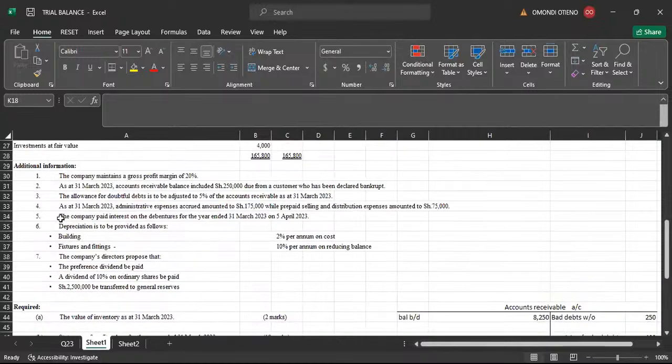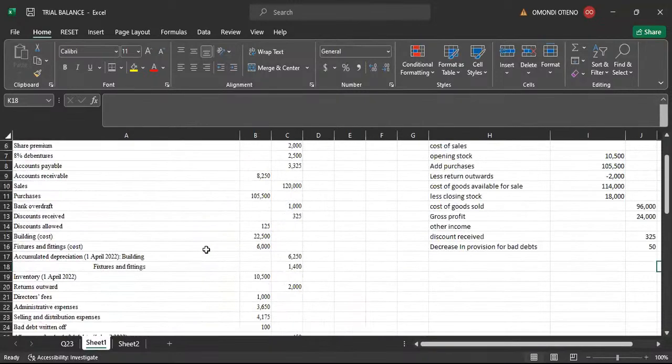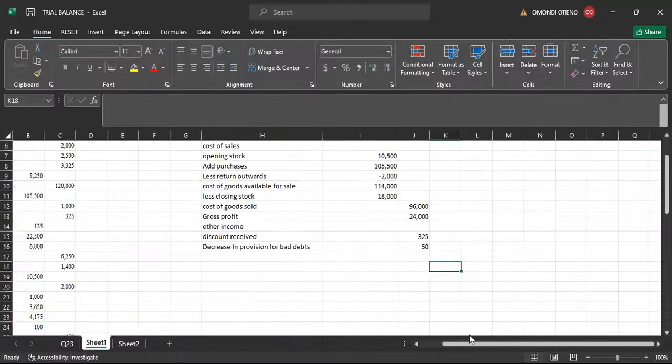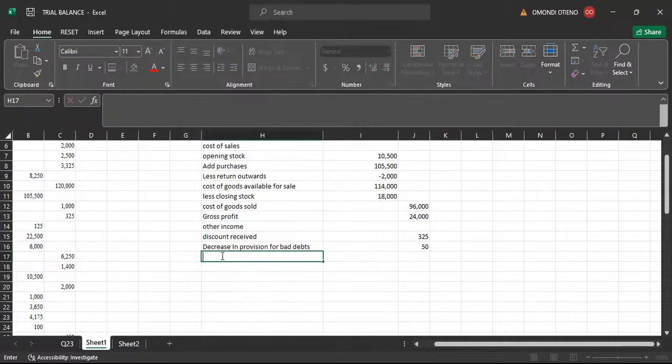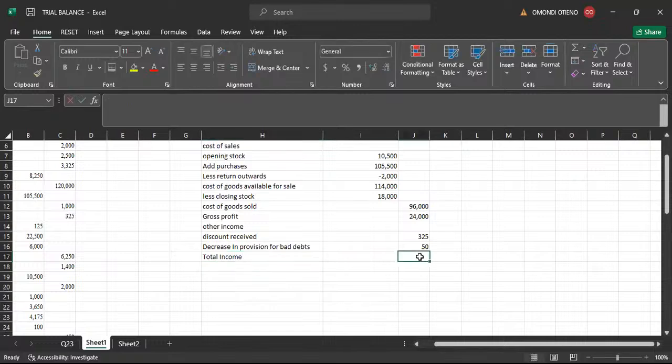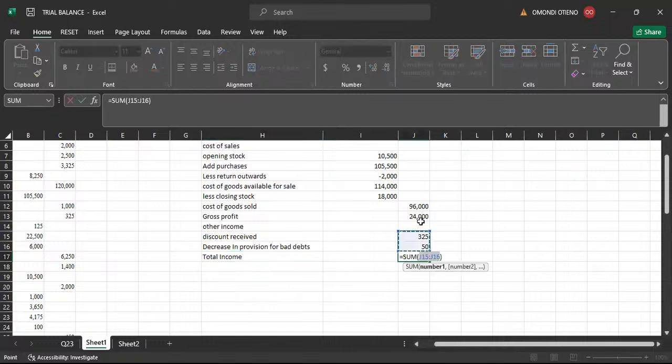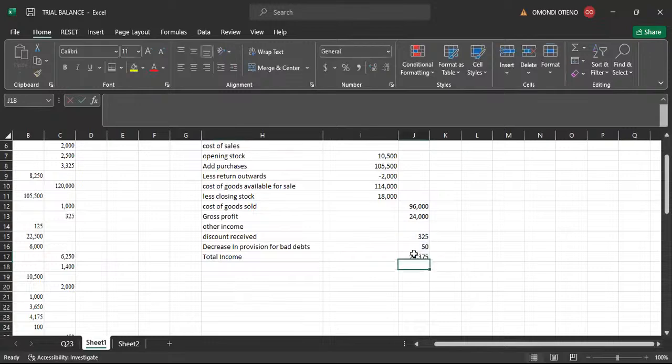Any other income item? I think they are only those ones, but maybe if there is any, we are going to see them as we move forward. So total income will now be the gross profit plus other income. That is our total income.